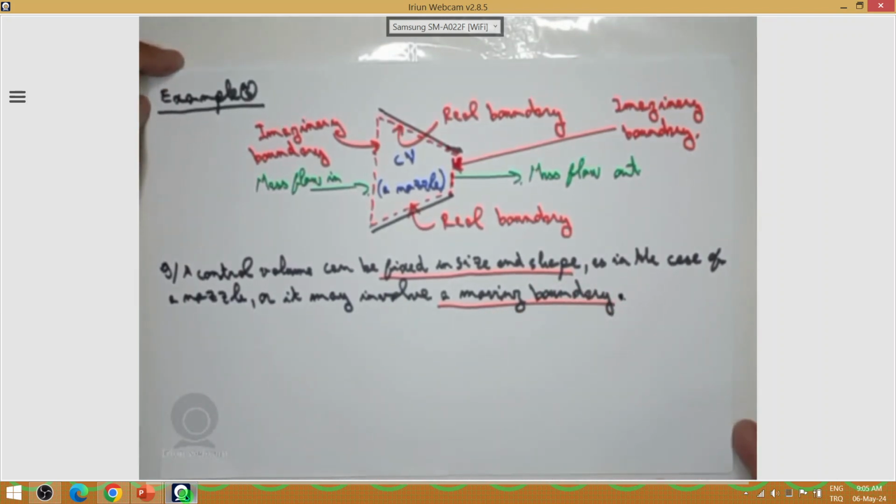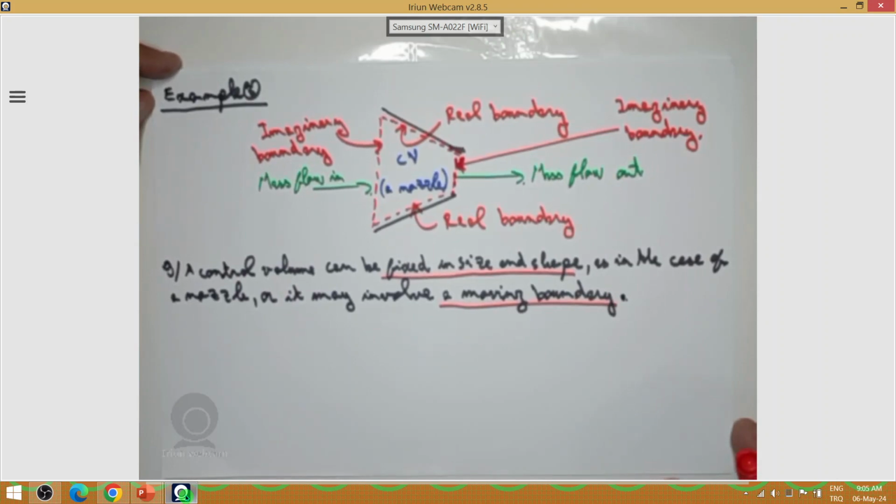So those are the two cases that we can have, and we'll see an example of that in example 4. In example 4 we'll see a moving boundary. So let's continue with note 9.